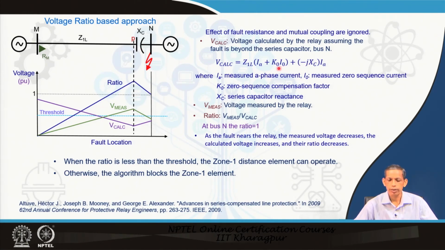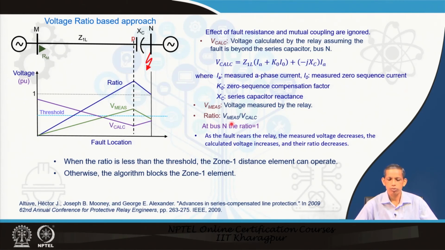Here in IA we are not doing the zero sequence compensation, because this is not a line, so the zero sequence mutual effect will not come into the picture in the XC part. As usual, these are all measured values of the current, and K0 is the zero sequence compensation factor. V measured is another value that is measured by the relay as usual.